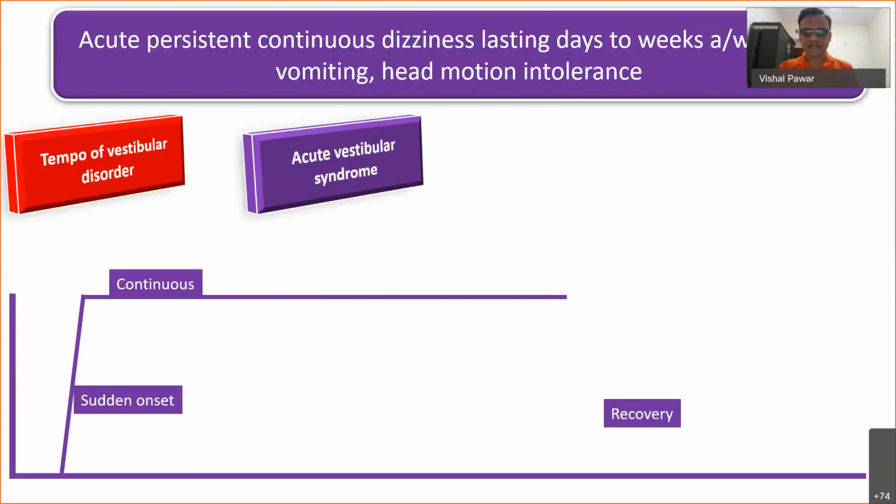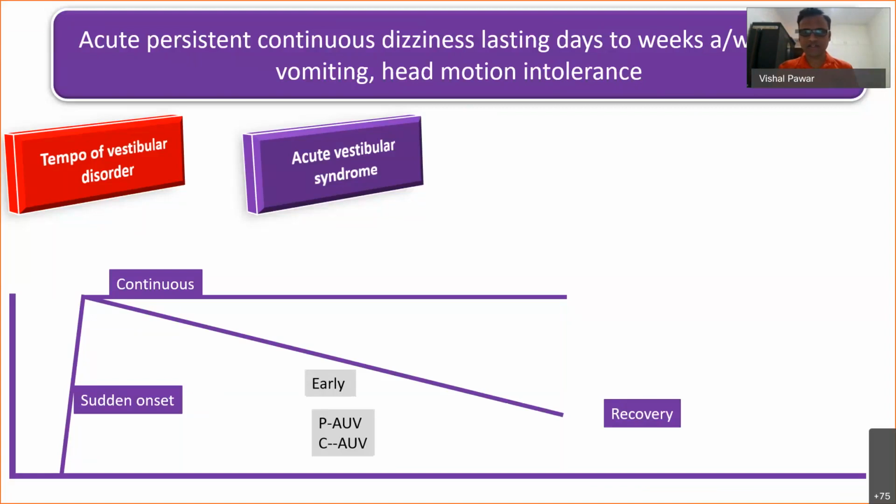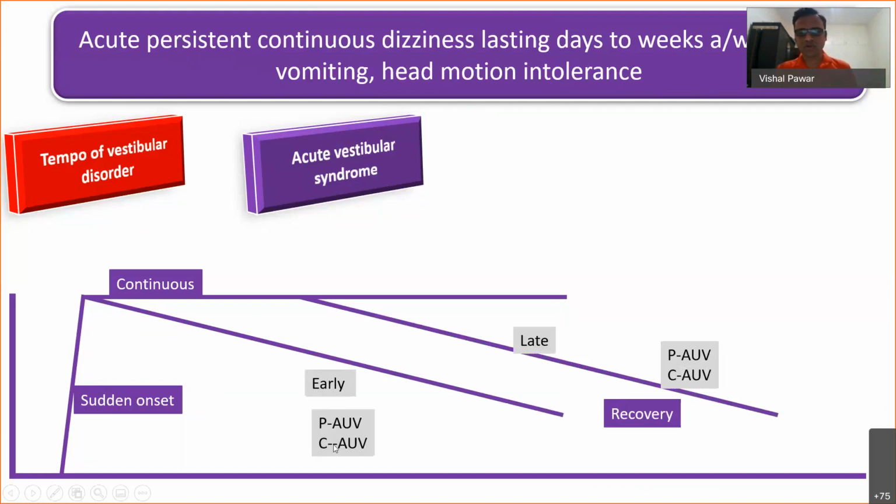There are various patterns of recovery. There could be early recovery, which can be seen in both central and peripheral types of acute unilateral vestibulopathy. And there could be late recovery, which is seen in both types. Especially, I have seen patients with stroke in the posterior circulation, a small, not large volume stroke, especially cerebellar strokes.